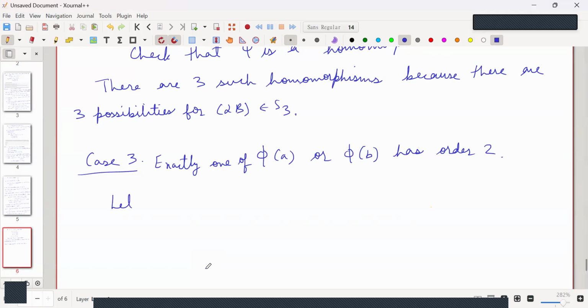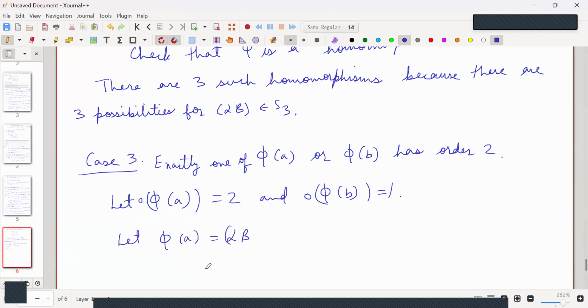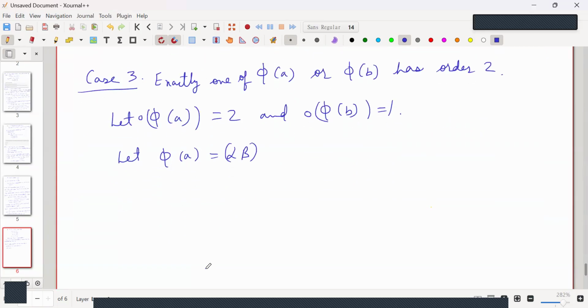So let the order of phi A be 2 and the order of phi B be 1, and so let again phi A be some alpha beta, where alpha, beta belong to 1, 2, 3, and they are not the same.